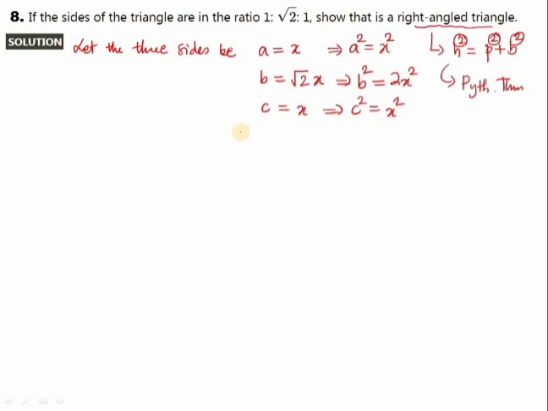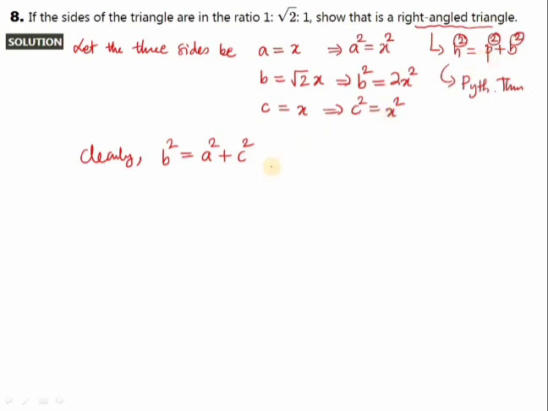Now if you see here clearly, if you add A square and C square, you get x square plus x square, which is 2x square, which is nothing but B square, right? So clearly we see that B square is equal to A square plus C square. Look at this and look at this, aren't they same? Yes.